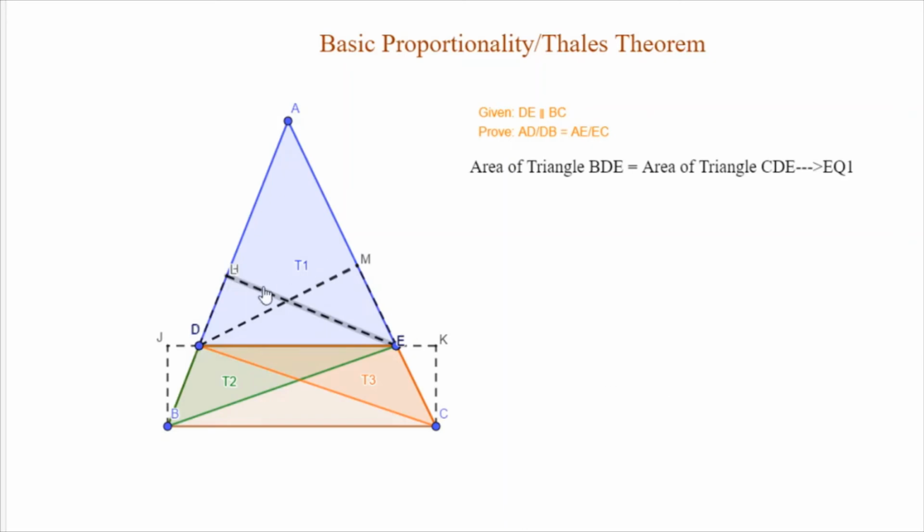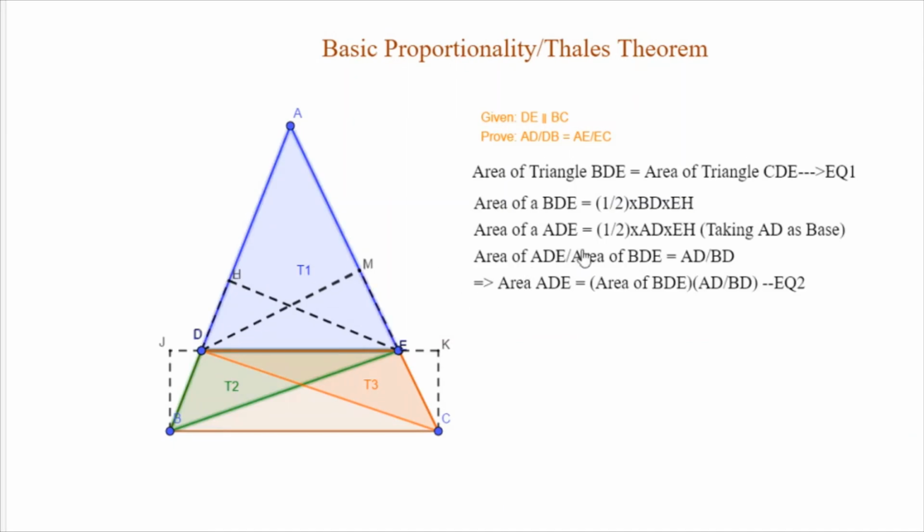So when the heights are the same for triangles T1 and T2, the ratio of their areas would be simply the ratio of their bases, which are AD and DB. Likewise, for triangles T1 and T3, because their heights are the same, the ratio of their areas would be the ratio of their bases AE to EC.